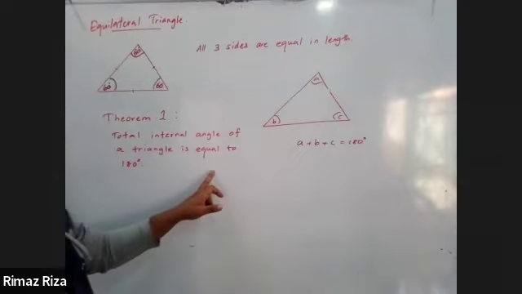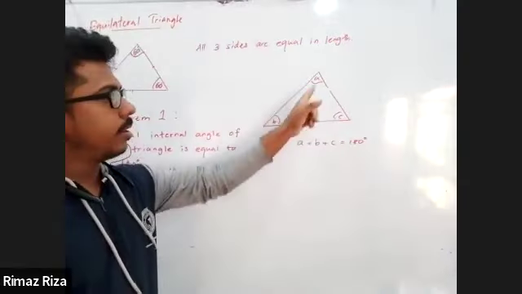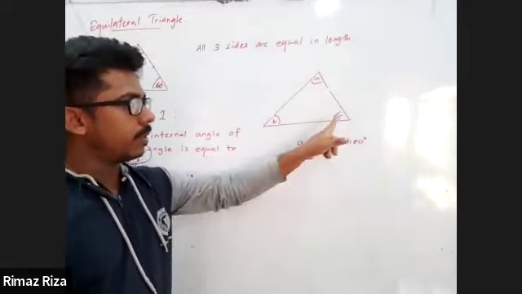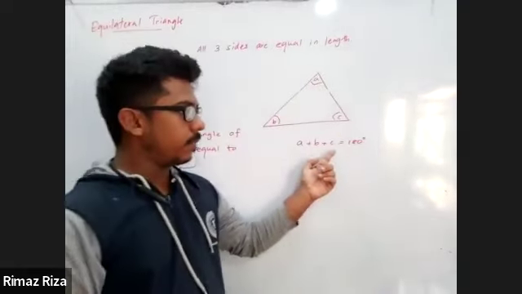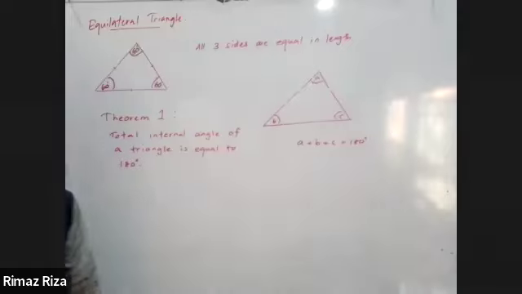So after writing the theorem, you can draw any triangle. This angle is A, this angle is B, this angle is C. Then A plus B plus C equals 180.